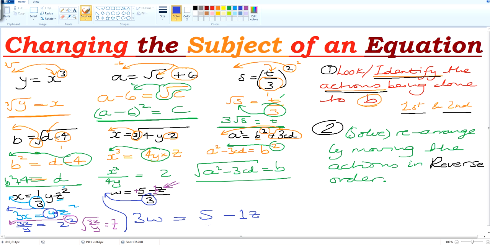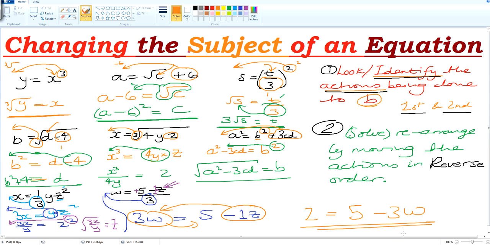Now, remember what I said before, we don't like dividing by negative numbers. So I'm going to make what I'm trying to work out positive. I'm trying to make z the subject, so I'm going to change sides, just swap over what's on both sides. So now I have positive z is equal to 5 minus 3w. And actually we finished the question there.